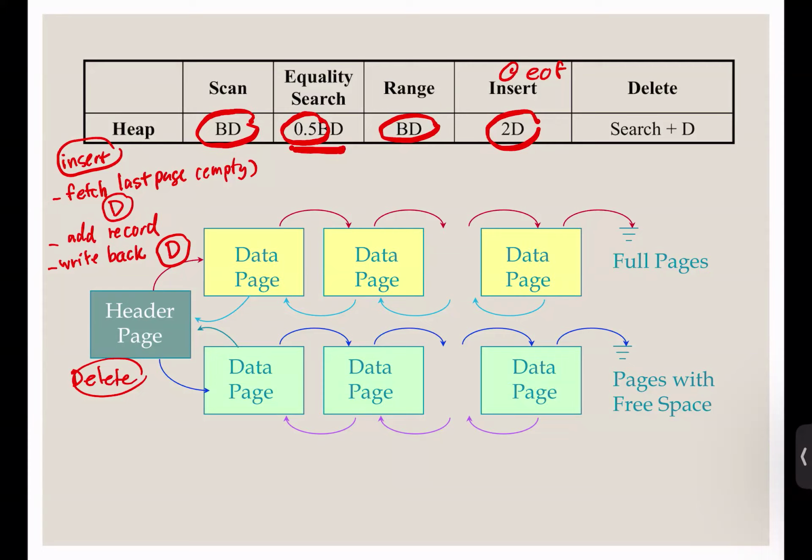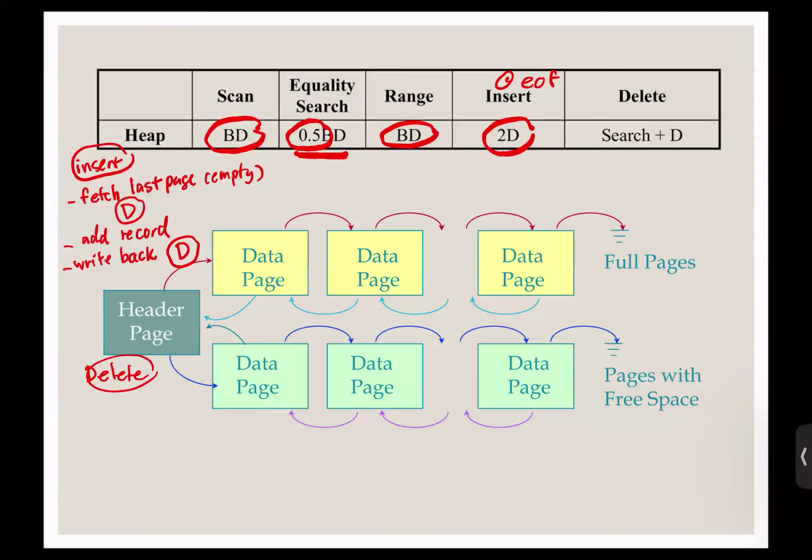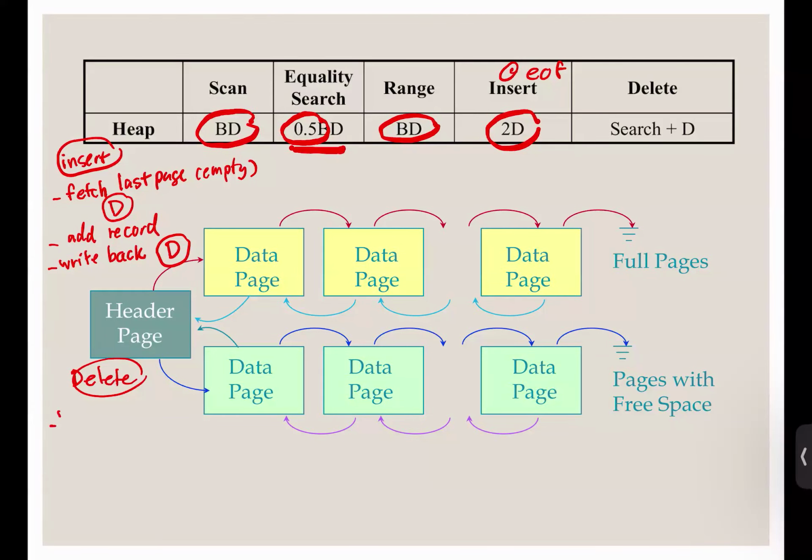So I have to search and look for that person's name, and I have to take that page onto main memory and then do the deletion. Okay, so first thing, I have to locate the record to delete.